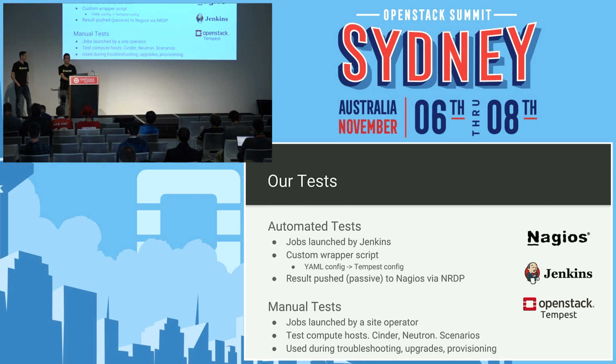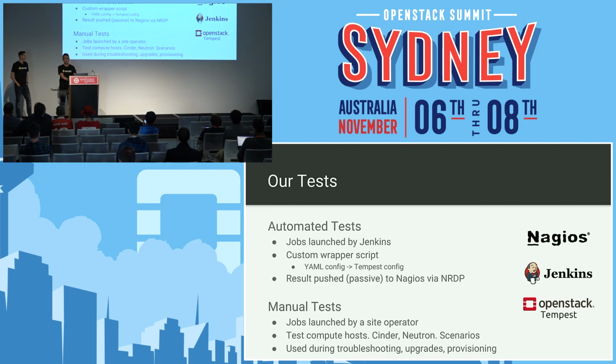One of the big uses is that we have a compute host test. When an operator at a site is bringing up new machines, they have provisioned them, but they would like to know whether the compute host is working before releasing it to production. They can run a test. This would run through all the things that I've said just now, all the different tests, and basically give a pass-fail.